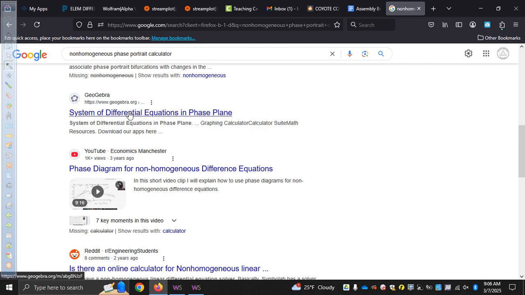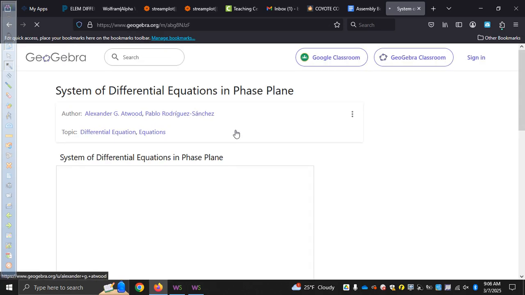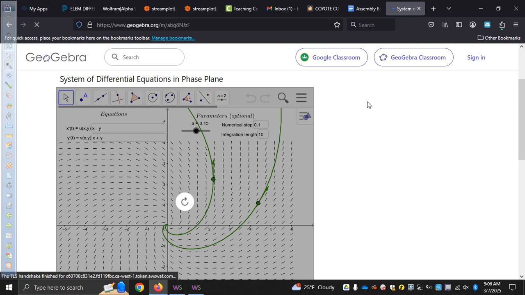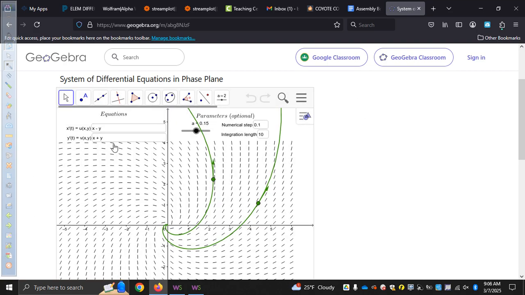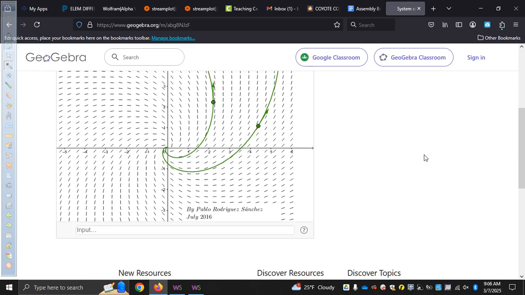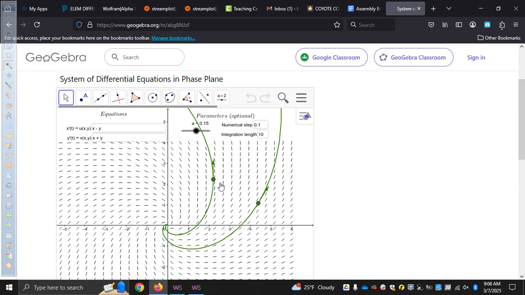Let's see what this. Ooh, I like that one. This one doesn't have the, it's the one with the nice visualizer. There's something about fluorescence that they use. That's just a picture. Yeah.